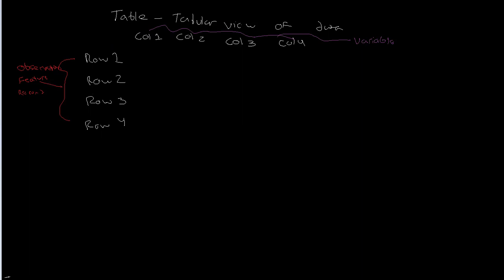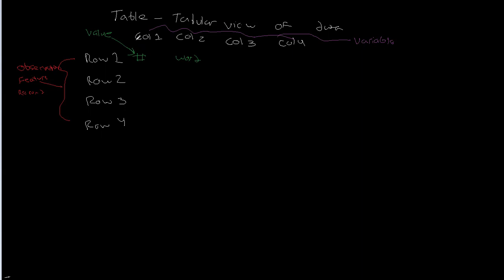Then the value in each row is going to be some number or word or some other thing. This is going to be the value for that variable for that observation.